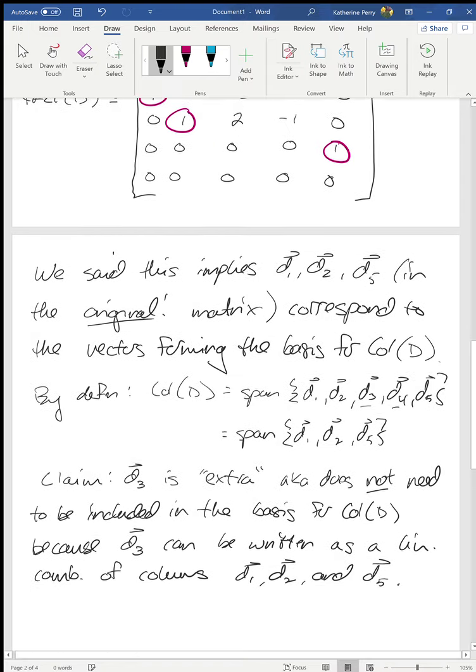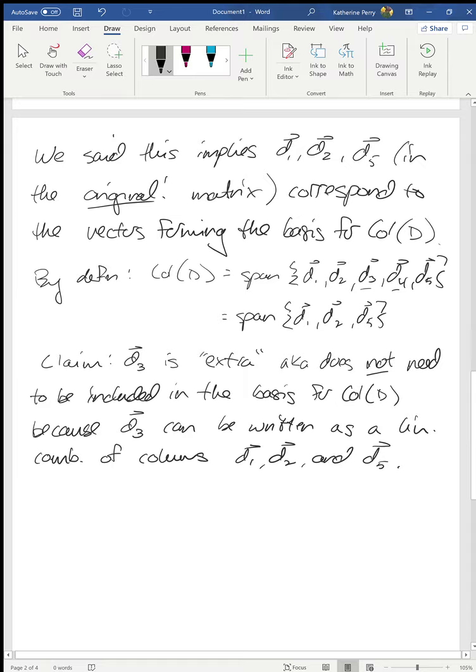And so if I wanted to test something like that, this is equivalent to solving the system where I have a matrix associated with just these 3 columns and then D3 in the sort of last row.